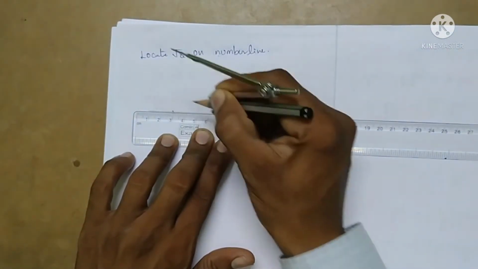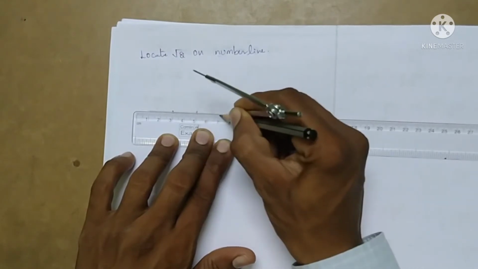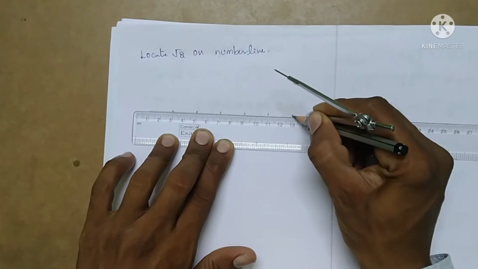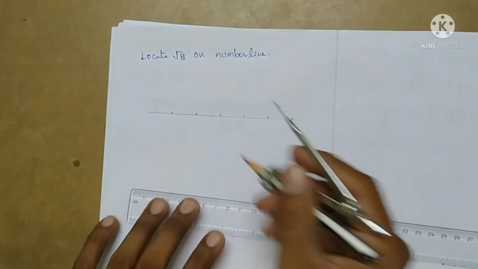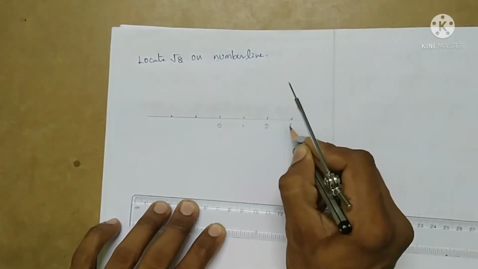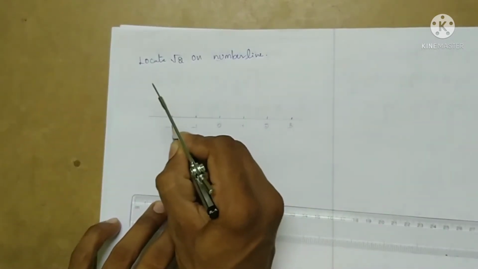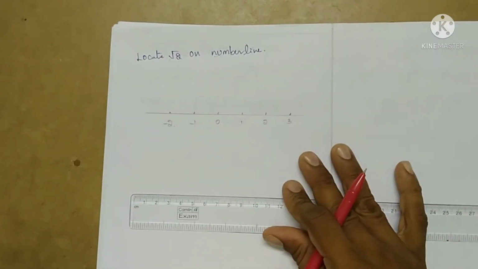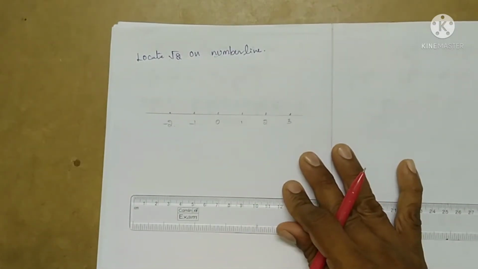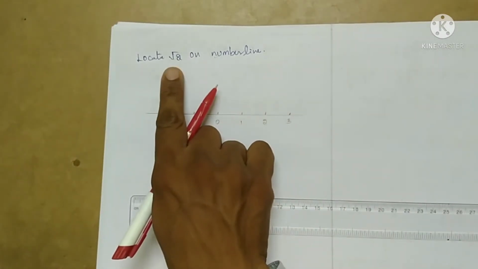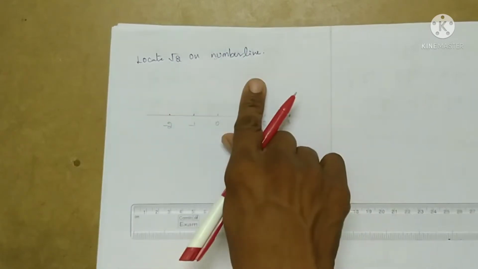Let's take 1 unit measure. So 0, 1, 2, 3, -1, -2. We already know from our previous cases how to identify rational numbers on the number line. So this is an irrational number. Locate root 2 on the number line.